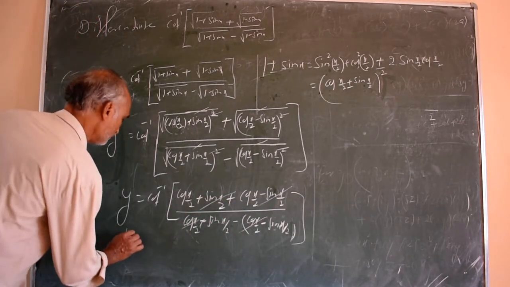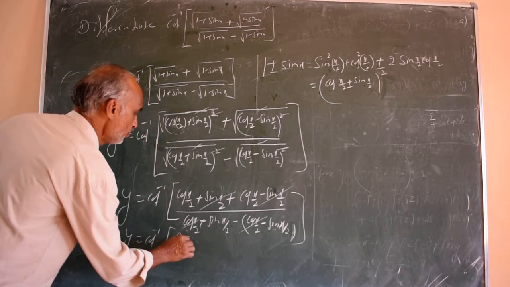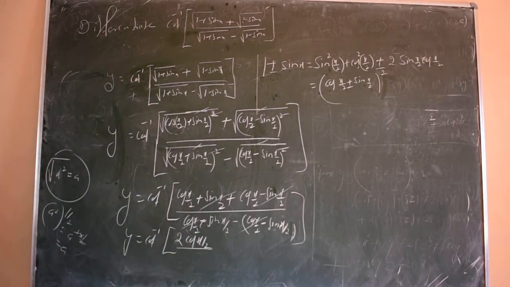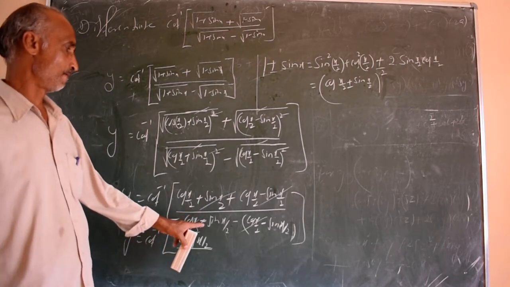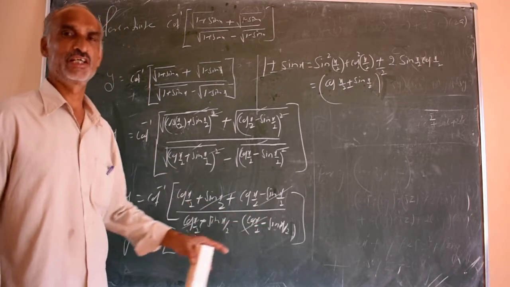Y is equal to cot inverse of 2 times cos x by 2 upon, here it is sin x by 2 minus of minus sin x by 2.